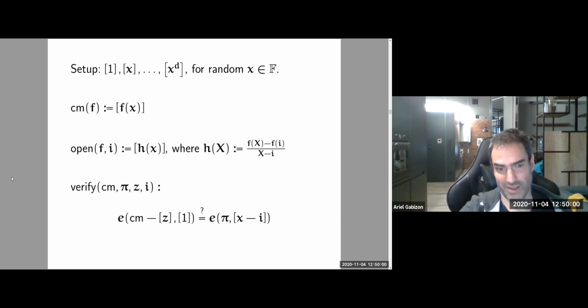So with the pairing, we're just going to check that the commitment minus the alleged value is equal to h times x minus I.